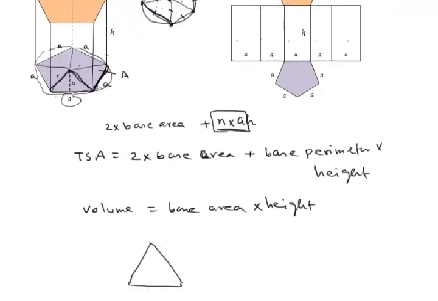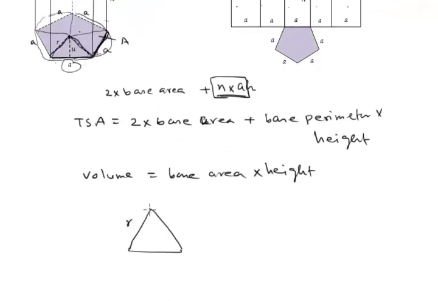So if we draw that here, this is the radius of the circle, this is the arm length of the polygon, and this is the height u. If we are given this arm length and height, then it is very easy to find one triangle's area: half times this arm length times this height, and then if we multiply by n, that will give the total base area, because one triangle's area is this, and n triangles' area will be this total.